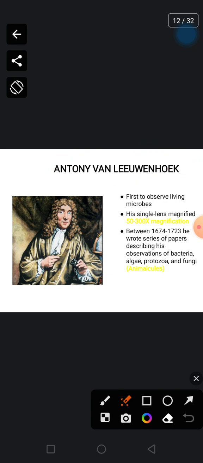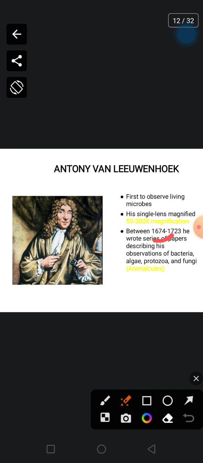This scientist observed the first living microbe. He used his single-lens microscope, with a magnification of 50 to 300x. The words written in this highlighted part may not be clear to you, but you can retain it: 50 to 300x magnification.